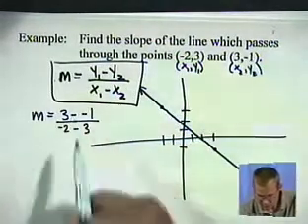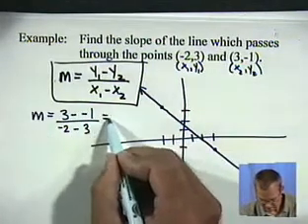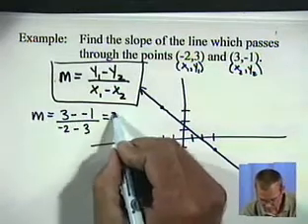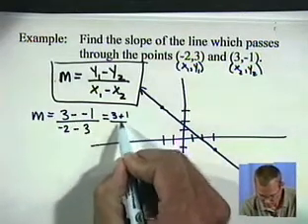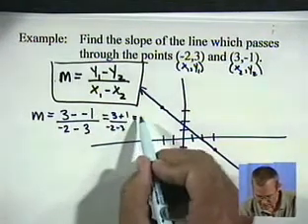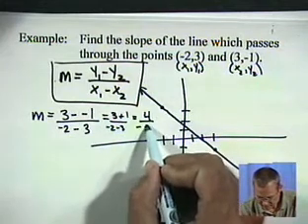So you got to make sure all the negative signs are in place, because when we simplify this, 3 minus -1 becomes 3 plus 1 over -2 minus 3. So the signs changed, and then now we simplify: 4 over -5.